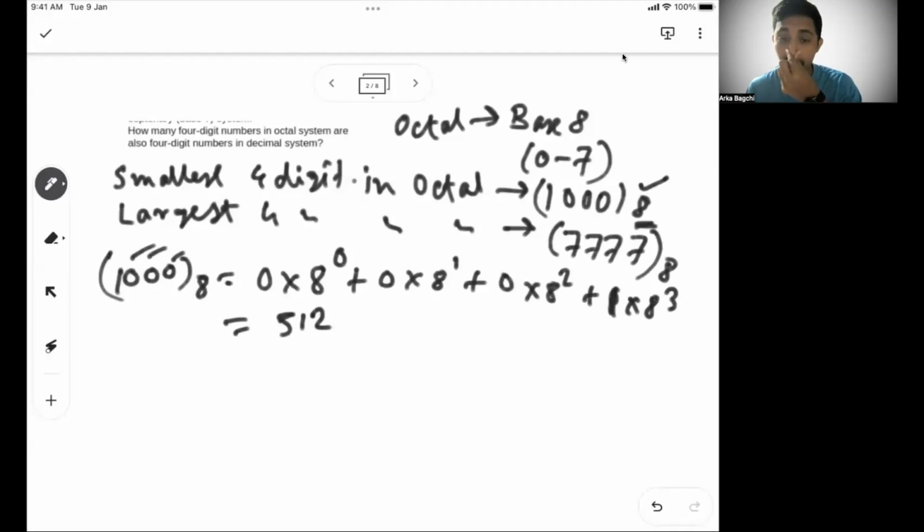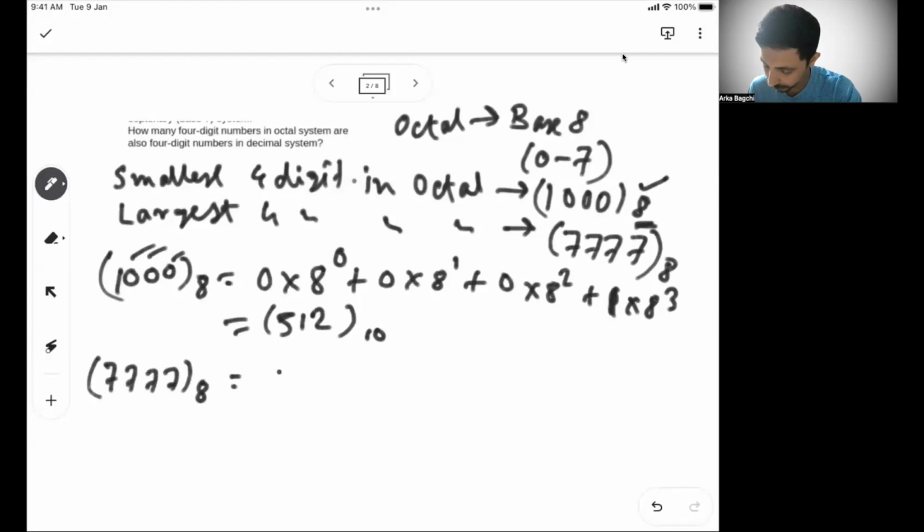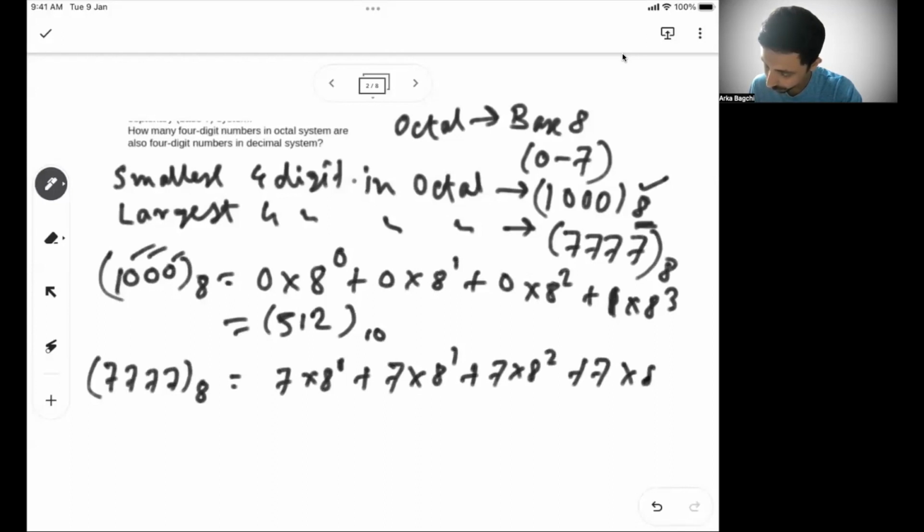So obviously, 512 is not a 4-digit number in decimal system, or decimal means base system 10. So we'll start from 1000, and let's see what 7777 is in base system 10. 7777 is basically 7 into 8 to the power 0, plus 7 into 8 to the power 1, plus 7 into 8 square, plus 7 into 8 cube.